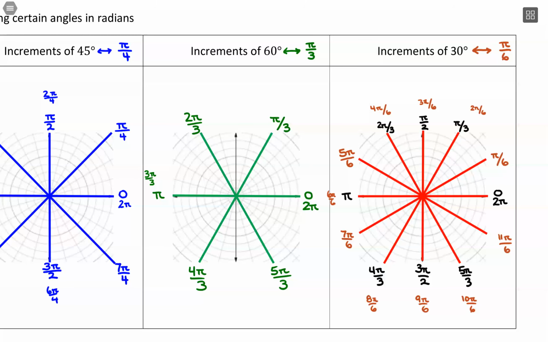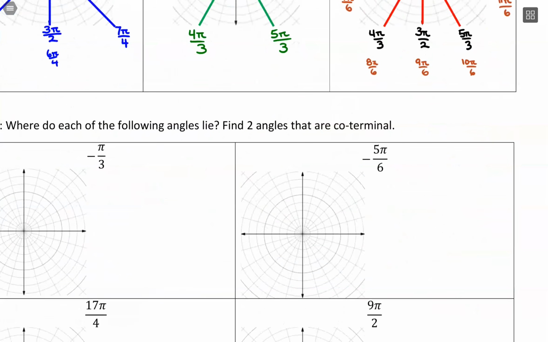I'm not so great at memorizing, so I like to go back to the basics. So in these videos, you'll hear me counting around the circle. It's just what I do, but you may have shortcuts and ways to get there, and absolutely use them. But I just like to reinforce these as it just comes down to counting around the circle and just getting the fractions correct. So let's try this out.